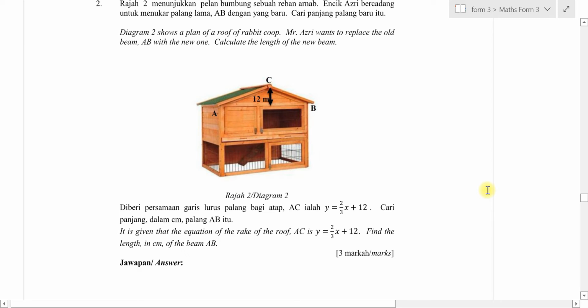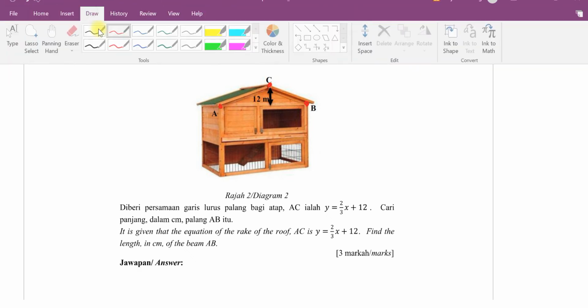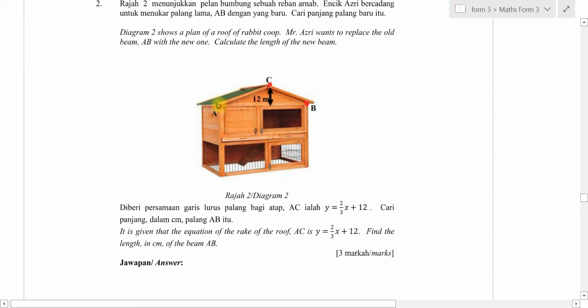This is A, this is B, this is C. Let me use another color. This AC has an equation, y equal to 2 over 3x plus 12, and we want to know the length of AB.